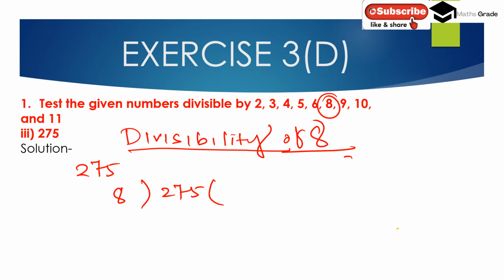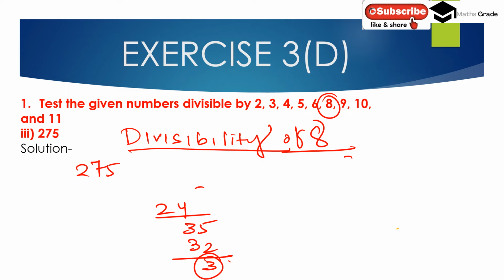If we divide 275 by 8, then 8 threes are 24, 35, 8 fours are 32, and the remainder is 3. So 275 is not divisible by 8.